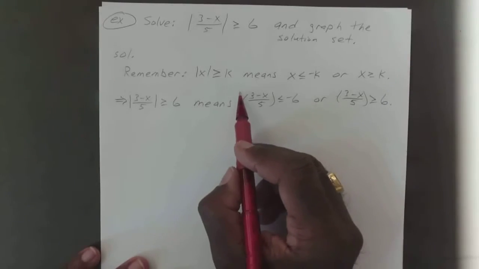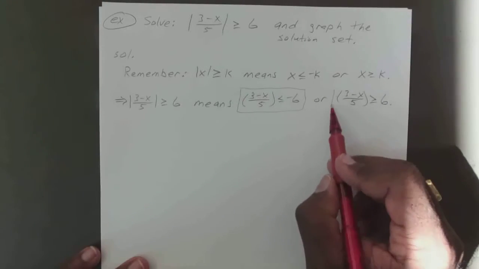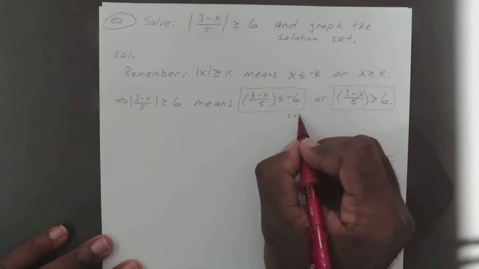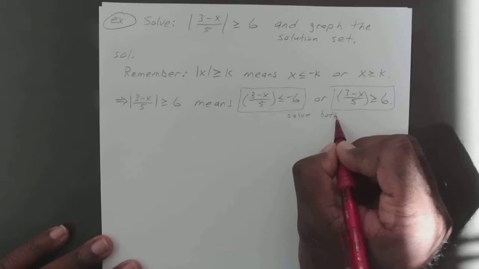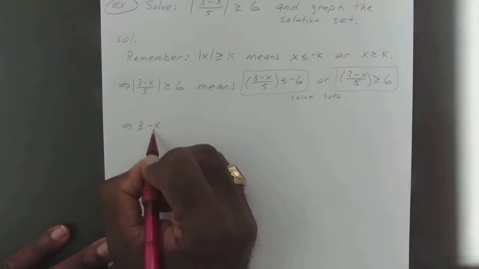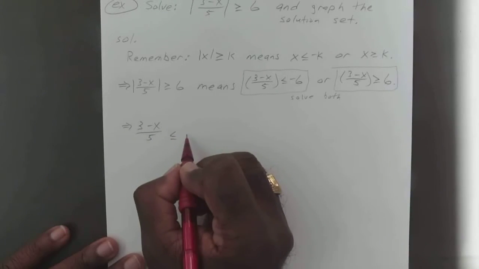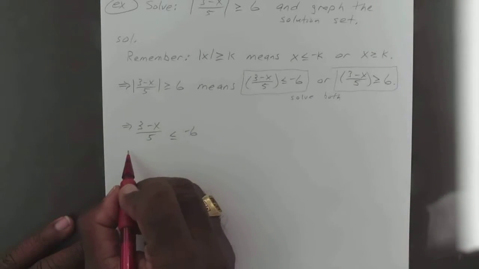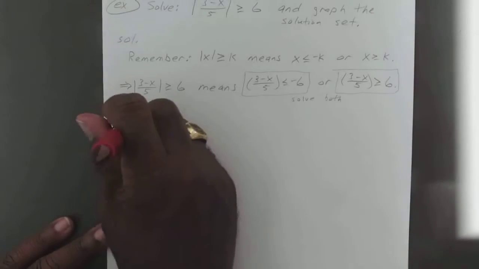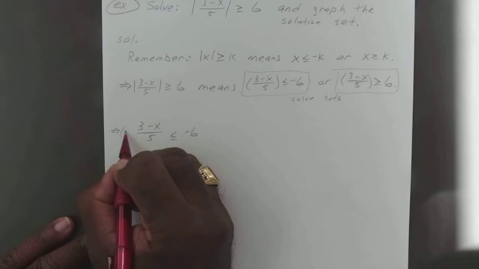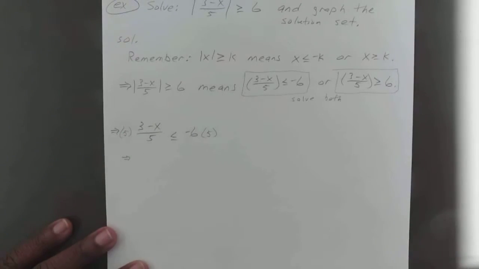Okay, so now we just solve both of those for x. 3 minus x over 5 less than or equal to negative 6. We just multiply both sides by 5.